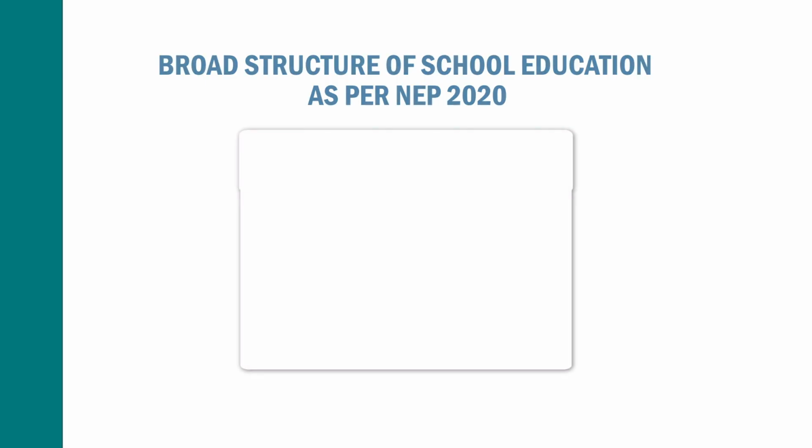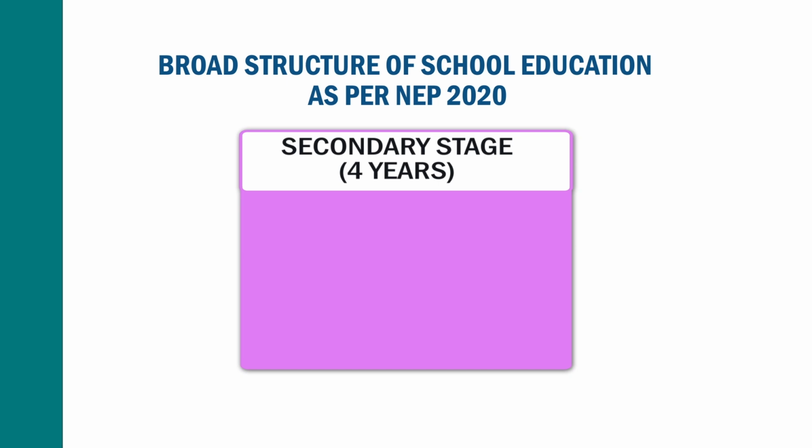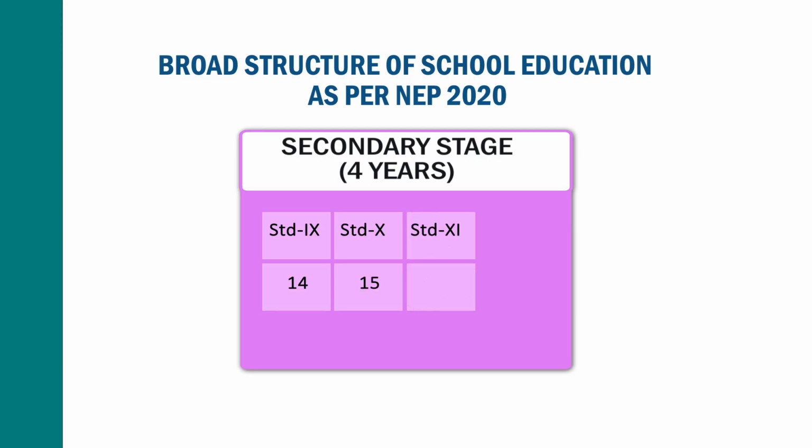And further, to talk about the last stage of school education as per NEP 2020, that is 4 years of secondary education. That includes standard 9th, 10th, 11th and 12th. The age appropriation starts at the age of 14 and continues till the age of 17. Age 14, 15, 16 and 17.